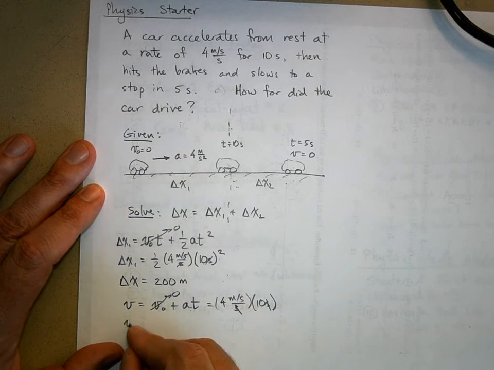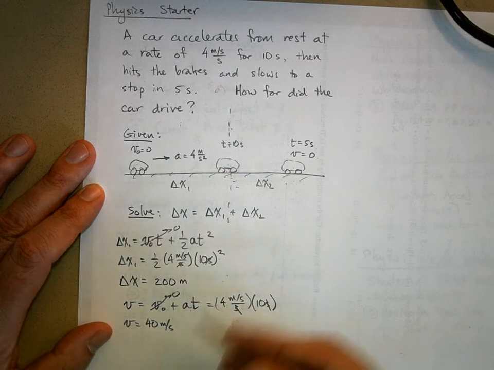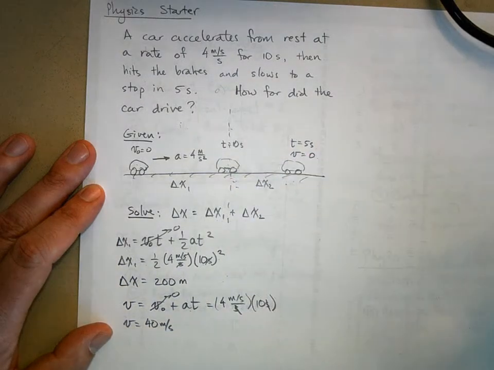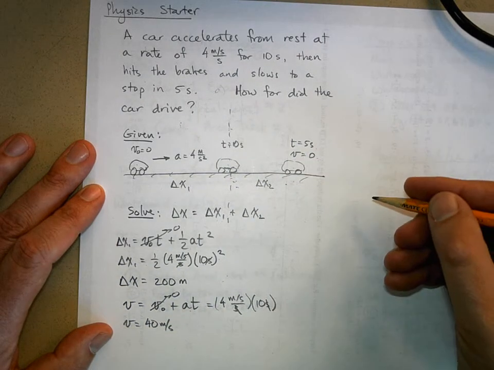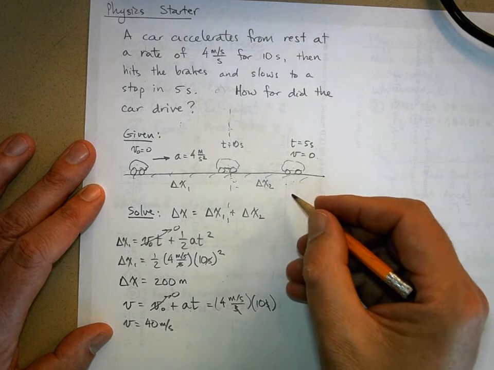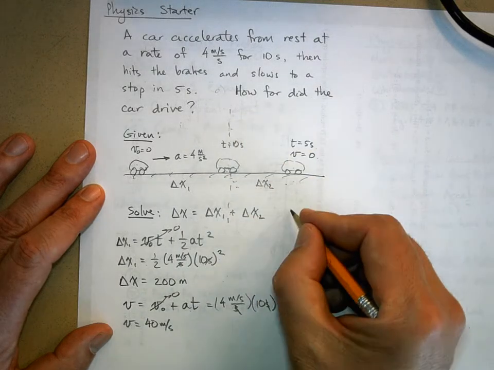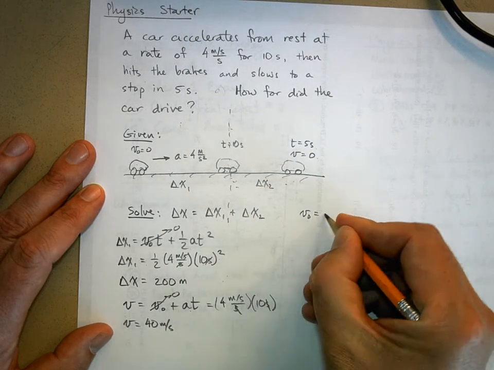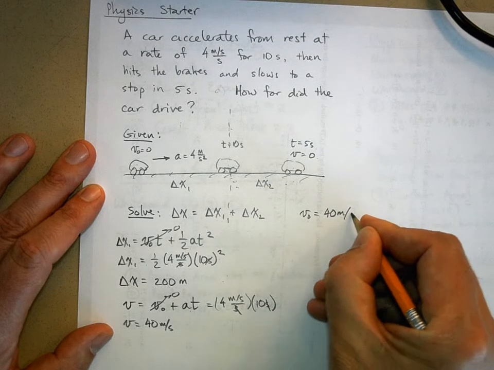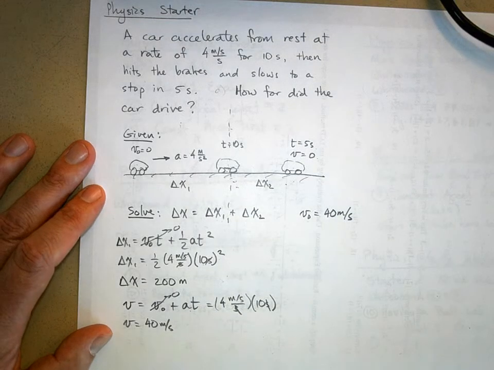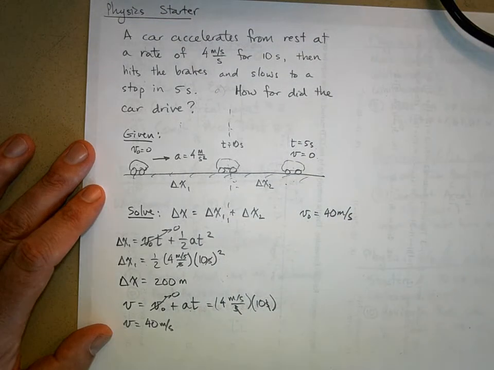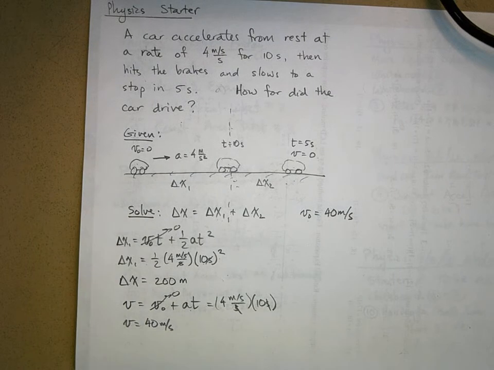So our final velocity is 40 meters per second right here. But that means for part 2 of the problem, v naught is equal to 40 meters per second. Okay? And there's a problem just like this on the test, where it's got 2 parts to it.